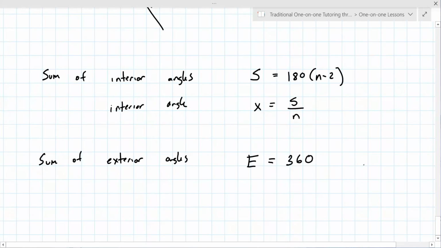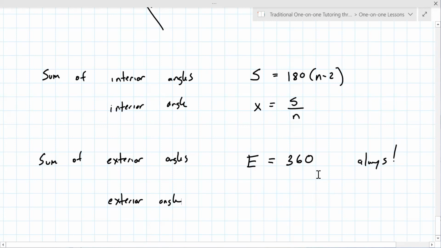Always. Isn't that nice when something is always true? So 360, you just add them up. And a single exterior angle, there's actually 2 ways to get it.